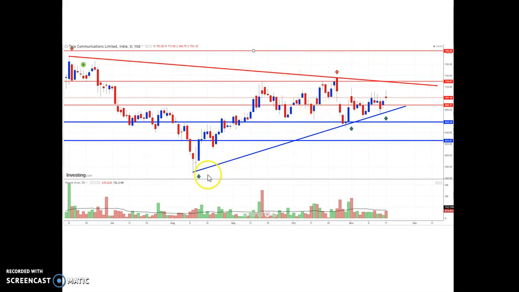The second swing should be greater than swing one. If you observe over here, this one is greater than this second swing low, so it should be lesser. The previous would be around 783, and the next swing high is around 729.